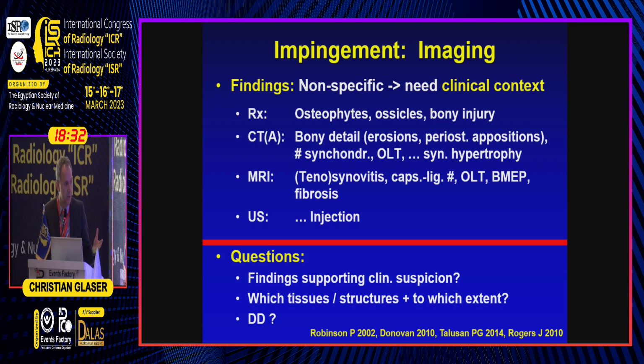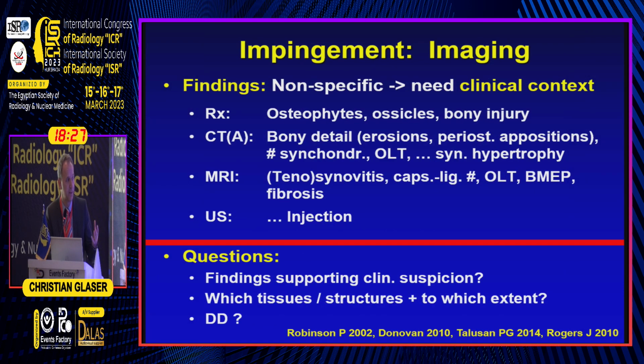So our task, the questions we have to solve, are: are there morphological findings supporting the clinical suspicion? If so, which tissues are involved and to which extent? If not, what are the differentials that might reasonably come up?